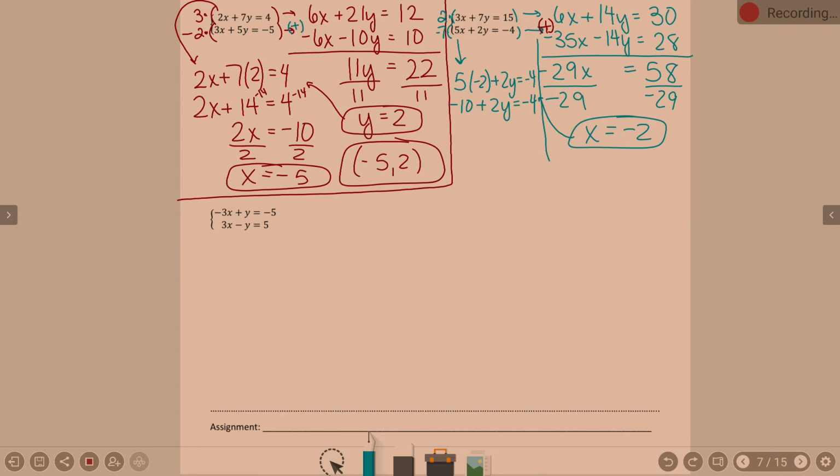How do I move a negative 10 across the equal sign? We're going to add 10. So then I have 2y equals 6, because negative 4 plus 10 is 6. And y is 3. Ordered pair, x, y: negative 2, comma 3.